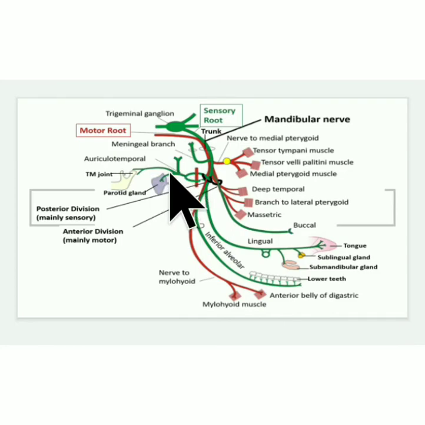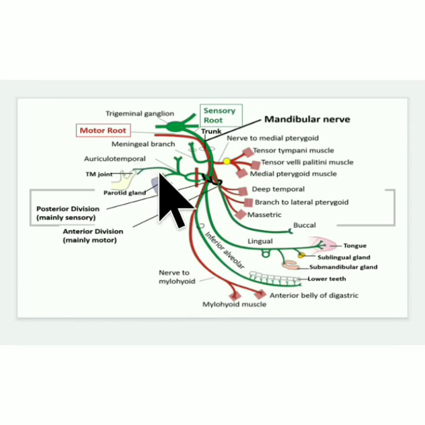The auricular part supplies the skin of the tragus and the upper part of the pinna, the external acoustic meatus, and the tympanic membrane. The temporal part supplies the skin of the temple, and this also supplies the parotid gland and the temporomandibular joint.